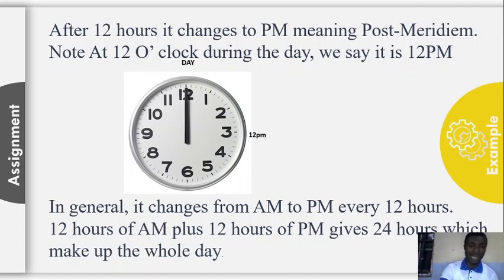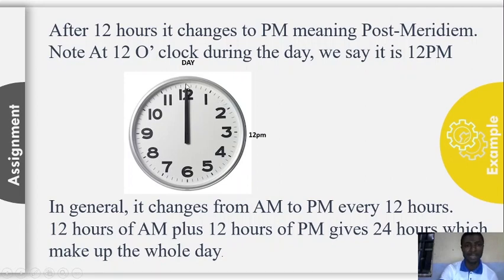When the second arm moves round the clock in that manner, the minute arm must have moved from this point to this point. Can you see those short strokes? There are 60 of them. All these short strokes you are seeing on this clock, there are 60.